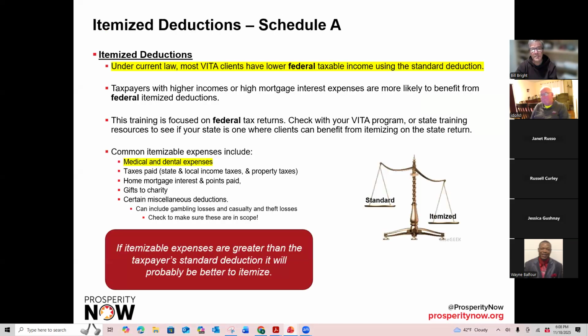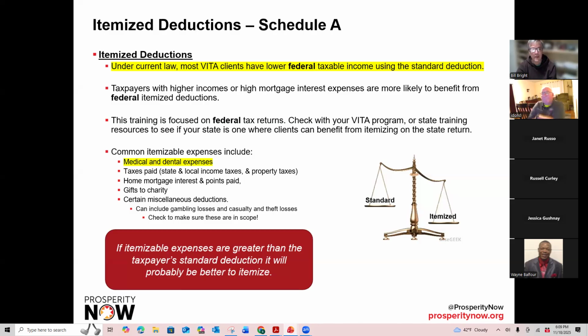Now, itemized deductions, again, this is an important part of the first one. Under the current law, most VITA clients have lower federal taxable income using the standard deduction. Generally, the only people that we itemized for last year are ourselves, so the VITA volunteers, or friends of theirs, or every now and then we will have a few higher earning singles who do have a mortgage and real estate taxes, and maybe they're particularly charitable.